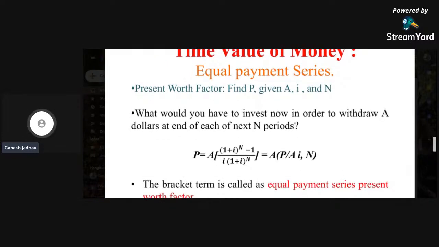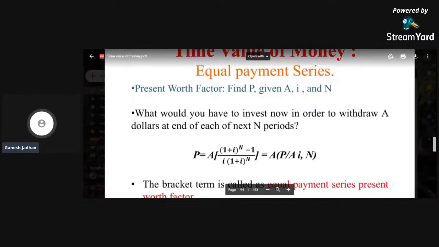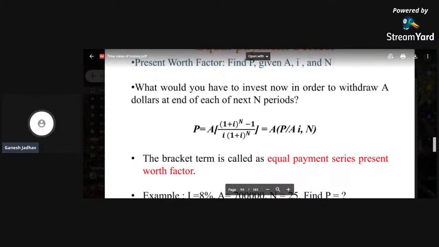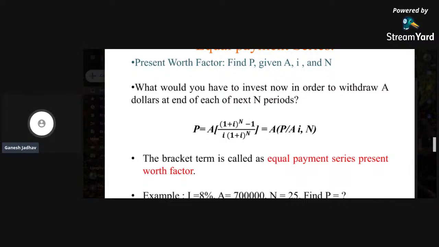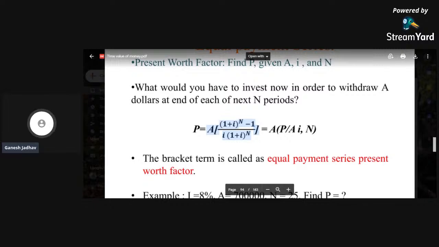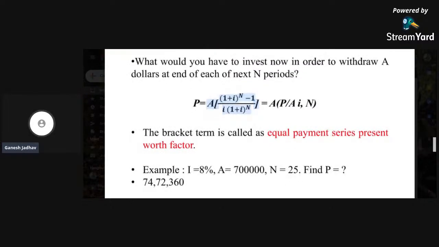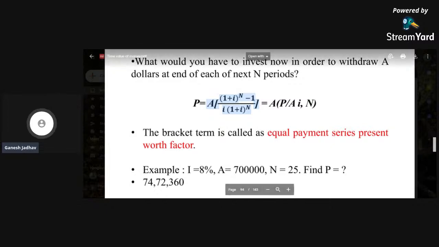They give the value of A, the value of i, and the value of n, and you have to calculate the value of P. You need to put all the values in this equation: P is equal to, in bracket, 1 plus i raised to n minus 1, divided by i times 1 plus i raised to n. The bracket term is called the equal payment series present worth factor.